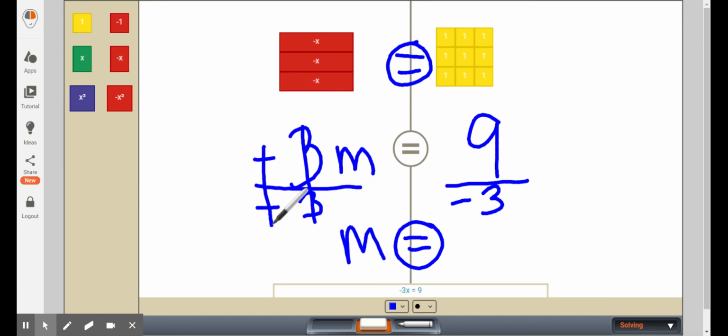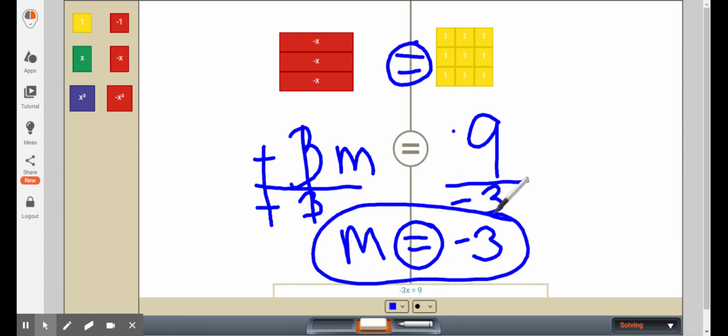The negative divided by a negative would change that into a positive. So 9 divided by 3 is 3. And a positive divided by a negative is going to switch that positive back into a negative. Only when you have double negatives would you have a positive answer.